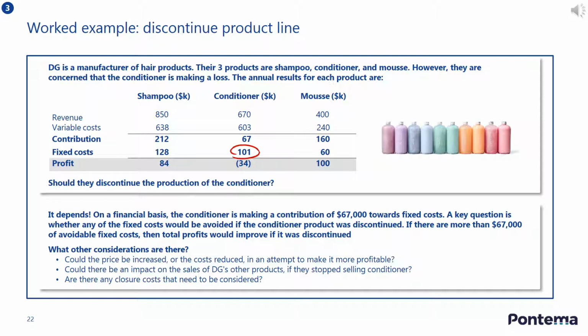If the product was discontinued and there are more than $67,000 of avoidable fixed costs, then total profits would improve. But if avoidable fixed costs are less than $67,000, then DG should keep producing the conditioner.